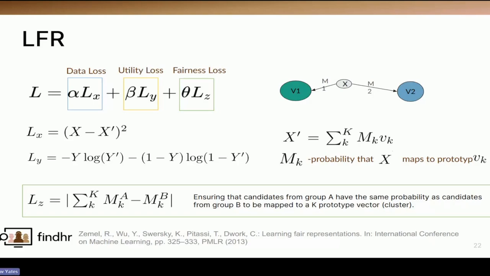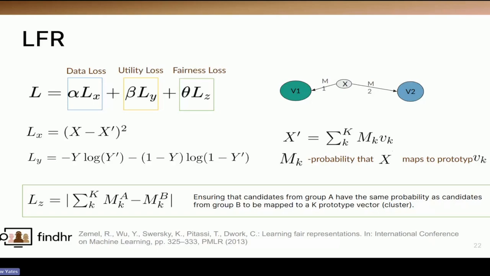And then we have this L sub Z, which is the fairness loss. And this is based on these prototype clusters, or the mapping to the prototype clusters. This is to ensure that candidates from group A have the same probability as candidates from group B to be mapped to a specific prototype vector or cluster.